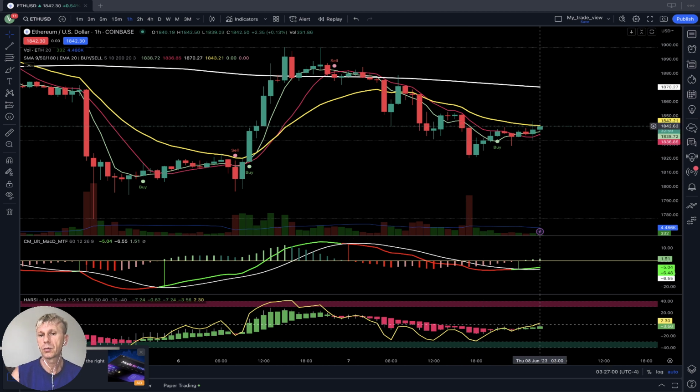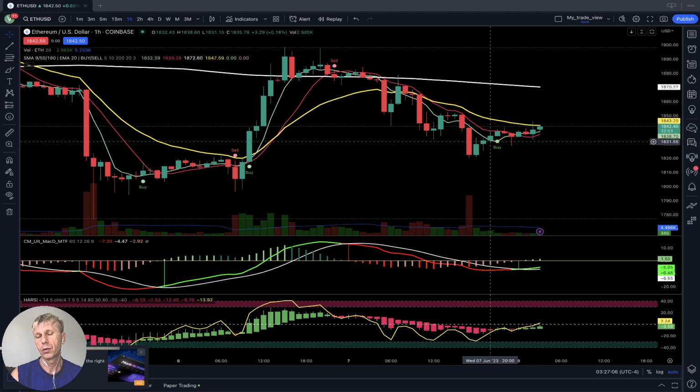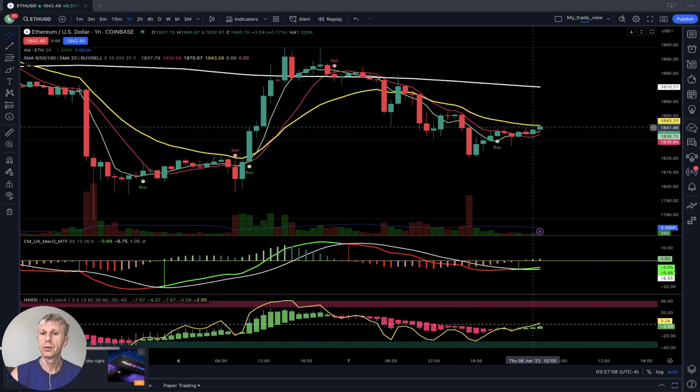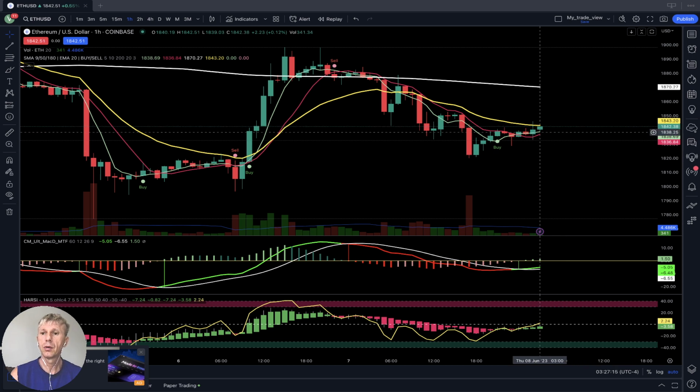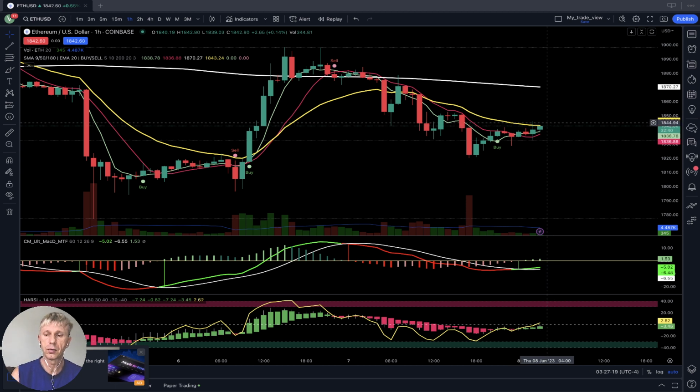It was disconnected from 20, and connected back to 20. At this point, you see it was very disconnected. Now it's connected to 20. We'll see whether 20 will be resistance and it will be rejected from MA20, or it will continue to go bullish and do a bullish crossover over 20.